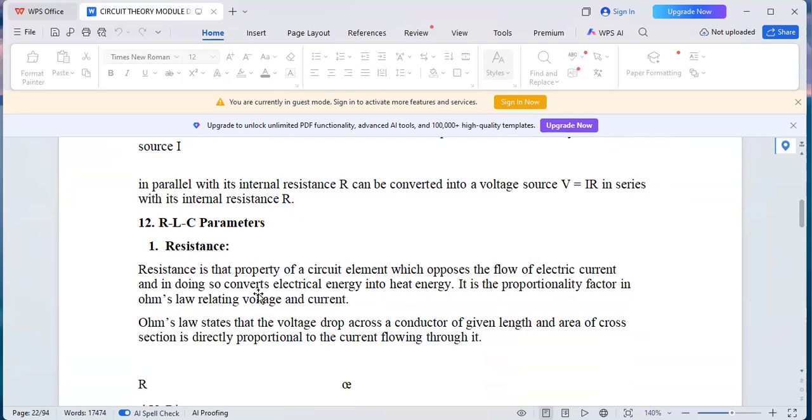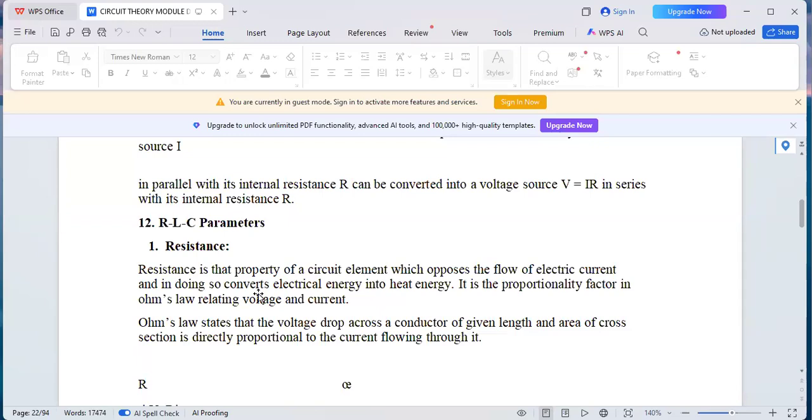So now we are going to RLC parameters. We have resistance, inductance, capacitance to calculate for. So resistance. Resistance is the property of a circuit element which opposes the flow of electric current, and in doing so, converts electrical energy into heat energy.